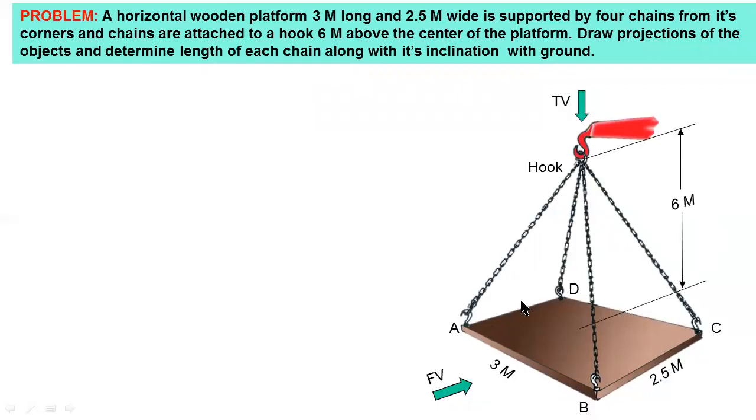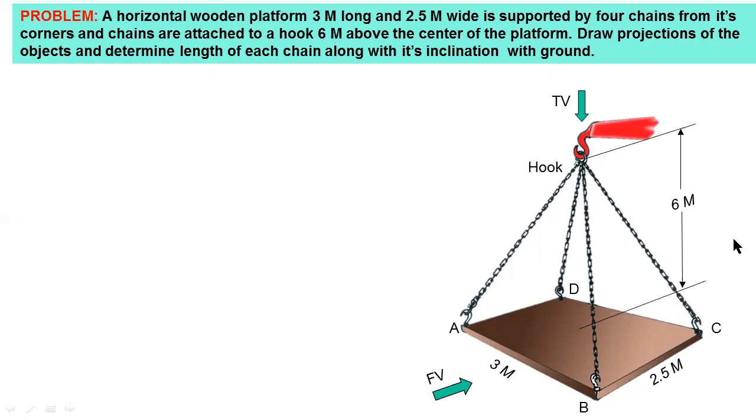These are the dimensions of this platform, and this platform is supported by 4 chains from its corners. These 4 chains are attached to a hook, and the height of this hook from the platform is 6 meters.